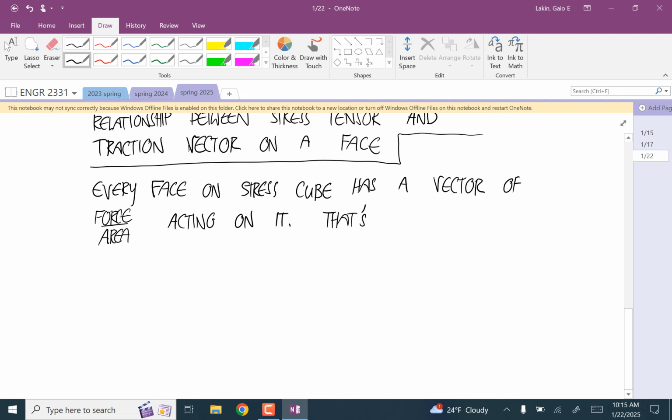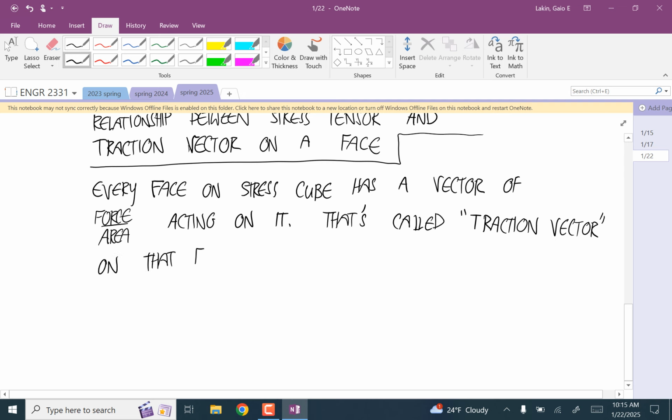That vector is called the traction vector on that face. And we'll denote it with a lowercase t, and it's a vector.